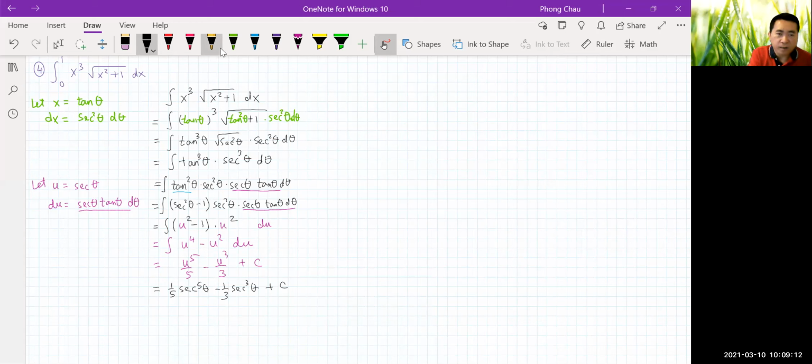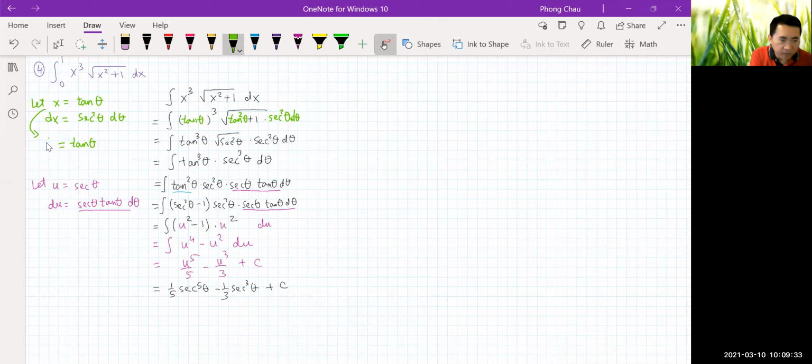To do that, we need the right triangle. You see x equals tangent, but don't forget that tangent is opposite over adjacent.